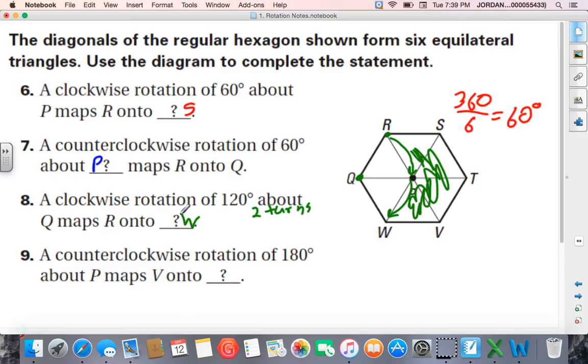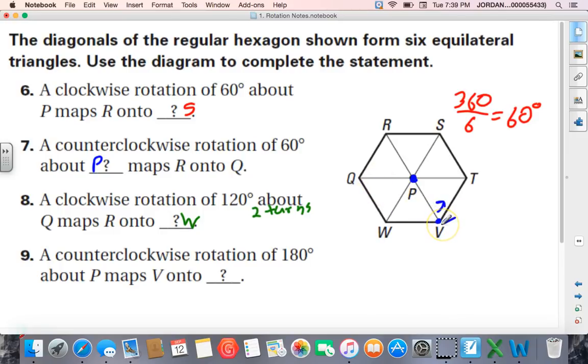Okay, and the last one, counterclockwise rotation of 180 degrees about P. So we're going back to where P is in the middle. P is our center point, and we're rotating 180 degrees about P from V. Again, 60 degrees is 1 turn. We're going counterclockwise, which is this direction, against the direction of the clock.